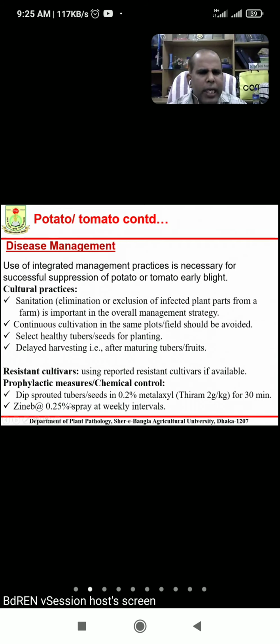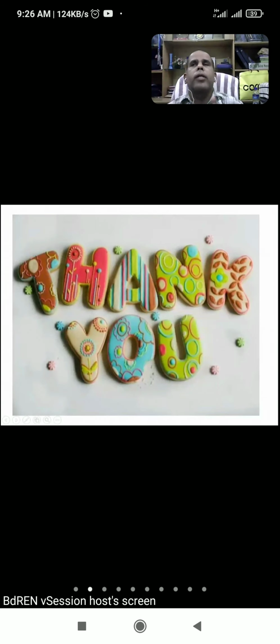That is why we need contact fungicide, so that the fungicide, this powder form of fungicide, is in contact with the surface of the leaf, the stem and the fruit skin. This is important information for you. Okay, so this is the overall discussion of the late blight and early blight of potato and tomato.